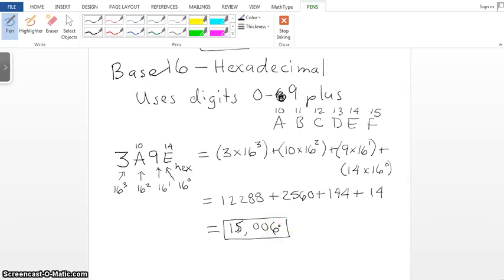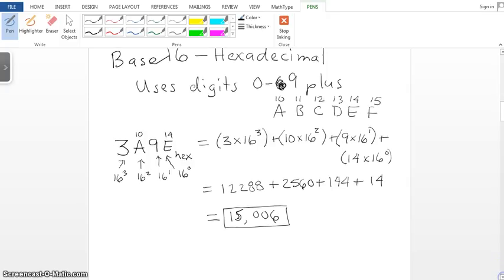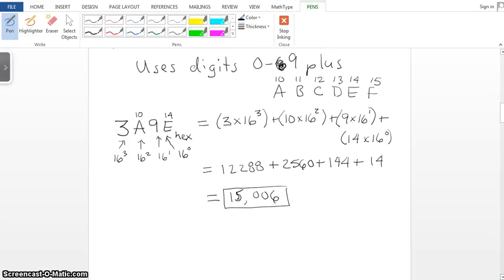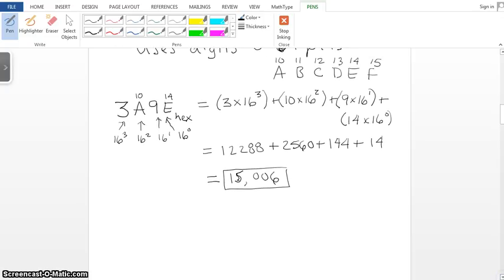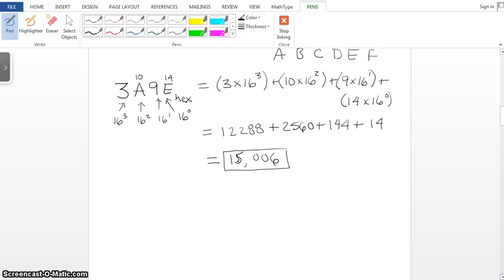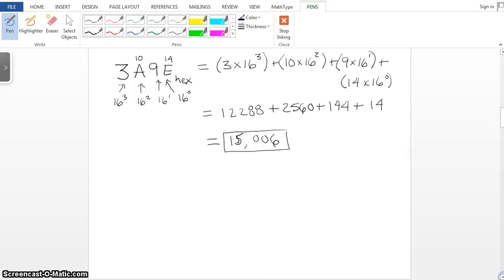Okay, so what we did so far in part 1, we looked at all the other bases and then we were converting back to decimal. But let's actually go the other way, and let's convert decimal to these other bases.